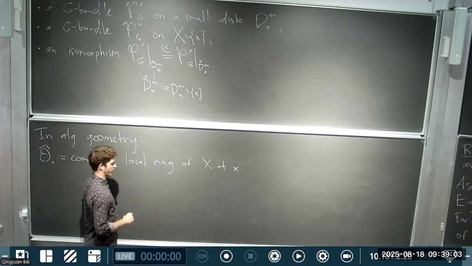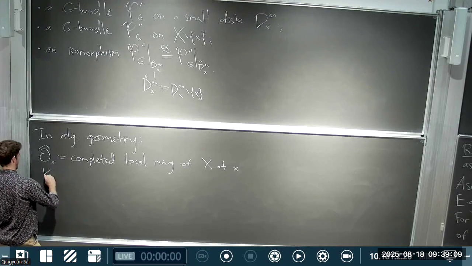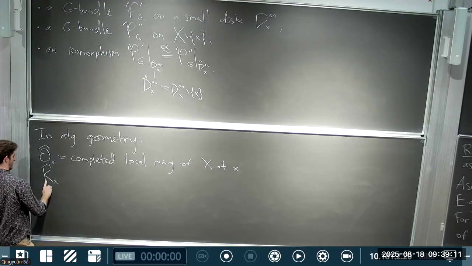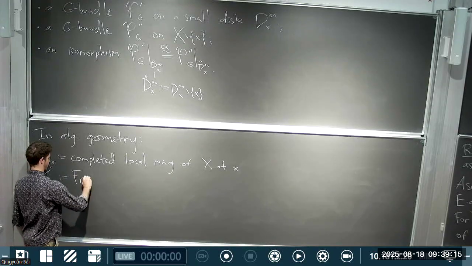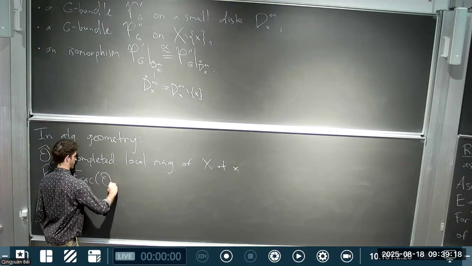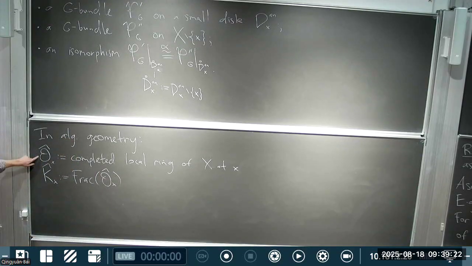To be clear, I'm no longer assuming that K is the complex numbers, and I'm back in algebraic geometry. Kx hat, maybe I'll drop the hats at some point, is the fraction field of O hat. This one is abstractly isomorphic to power series in a single variable, and this one is abstractly isomorphic to Laurent series in a single variable.